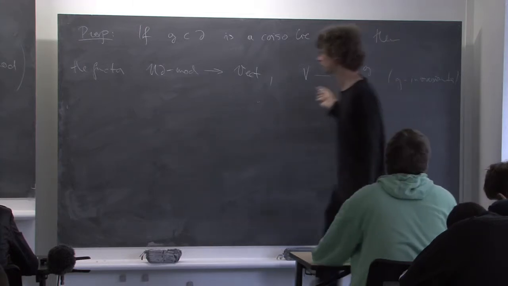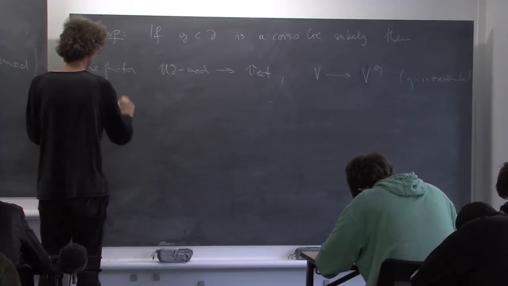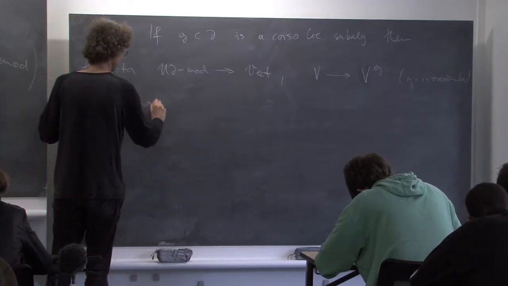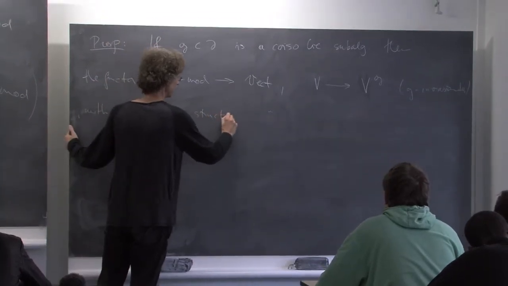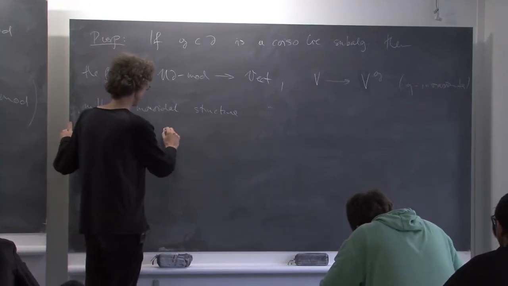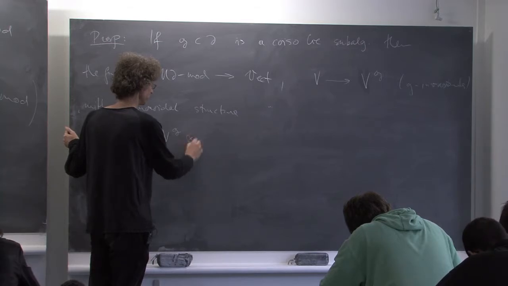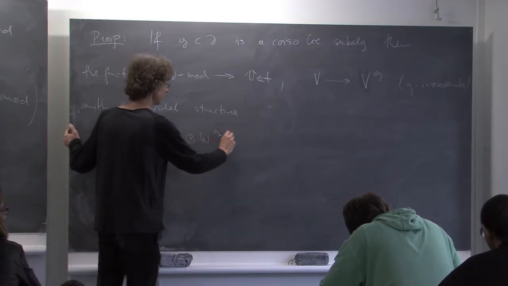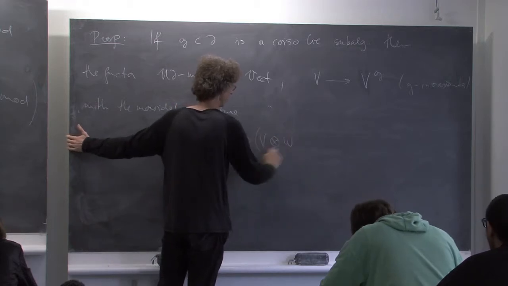What is the monoidal structure? So for that, what do we need? We need to go from V^G tensor W^G to (V tensor W)^G.